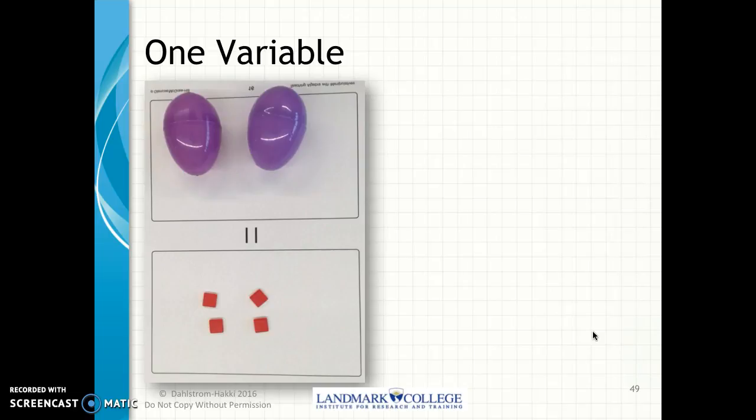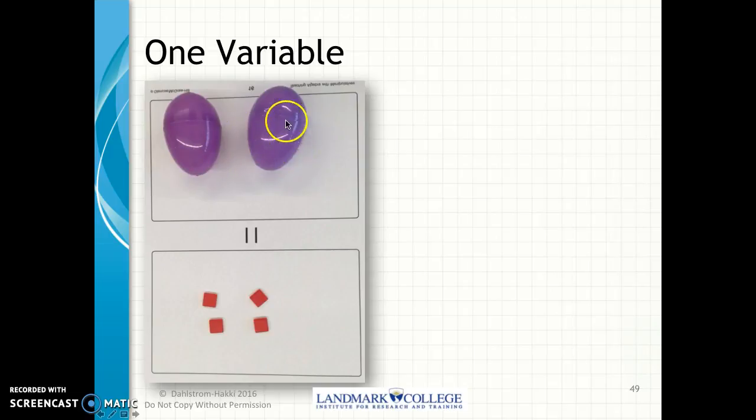So you can see on this side of my equation, I have two Easter eggs that are closed. So there are a certain number of these red squares in there, and I don't know how many are in there, but I do know that all the eggs that have the same color will have the same number of pieces in them.